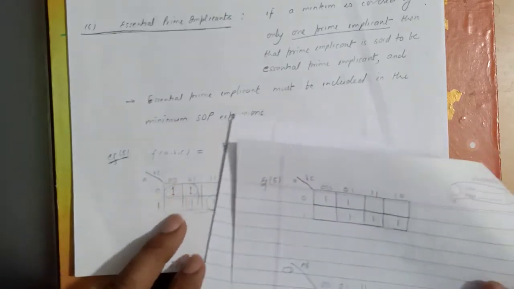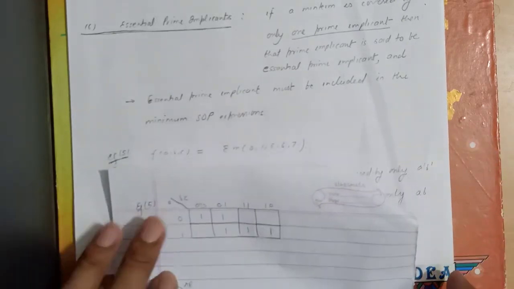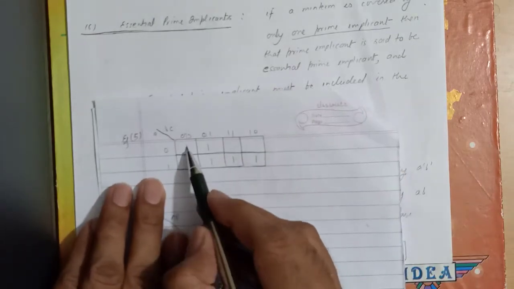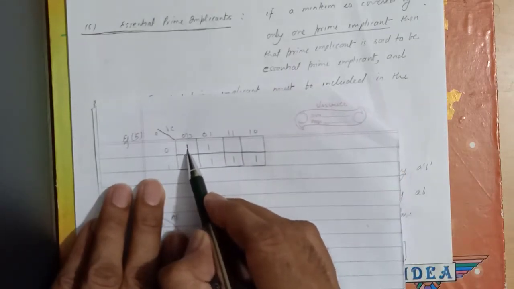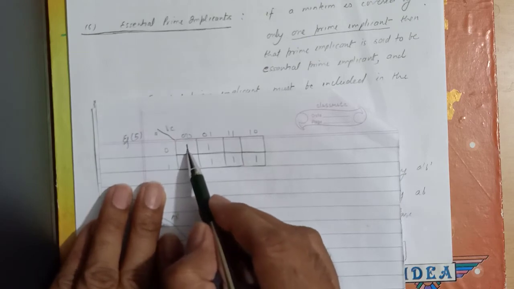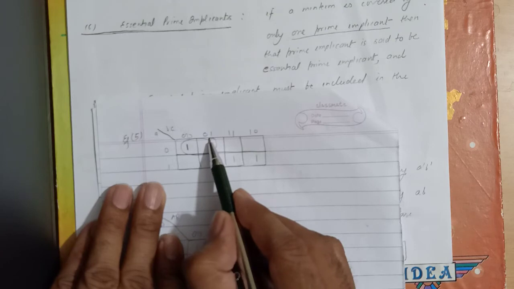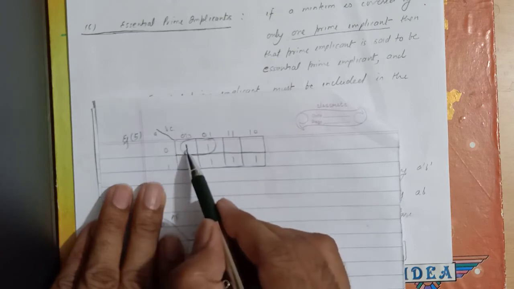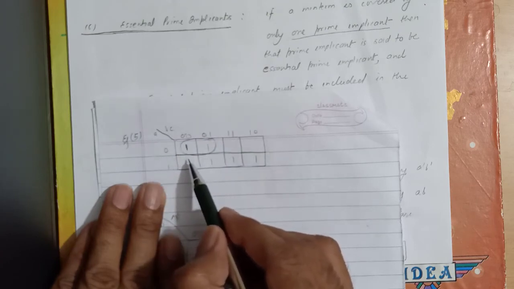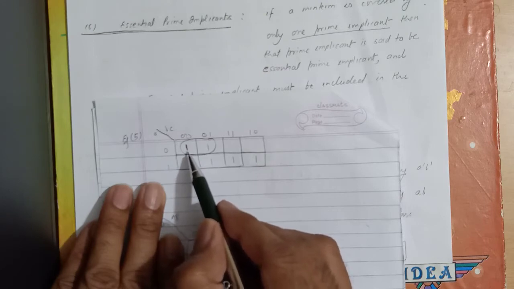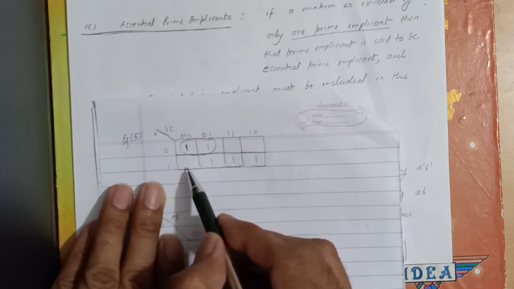So we can draw this function like here I have already drawn. So if we look into this one, this can be combined with this. Okay, no other one, it cannot be part of any bigger cuboid. Also it cannot be combined with any other one.